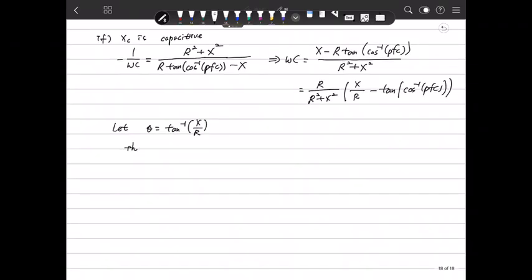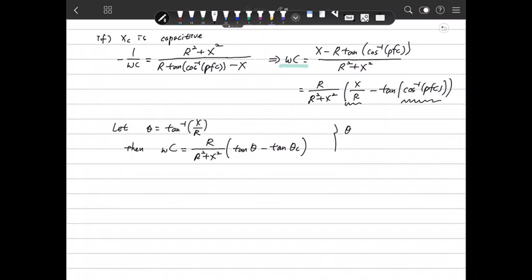Then omega C can be rearranged based on theta: r square plus x square over r, tangent theta minus tangent theta c. You want theta c, this is tangent, and the corrected angle is theta c.